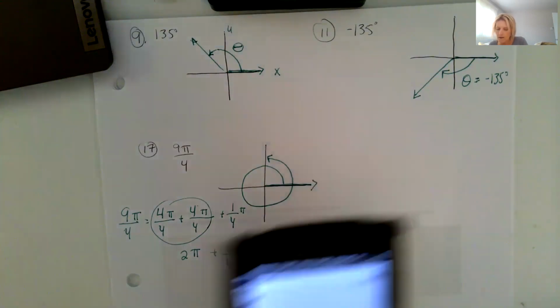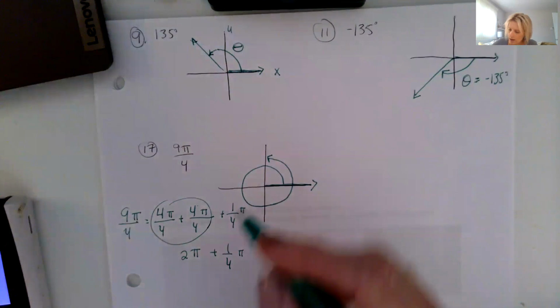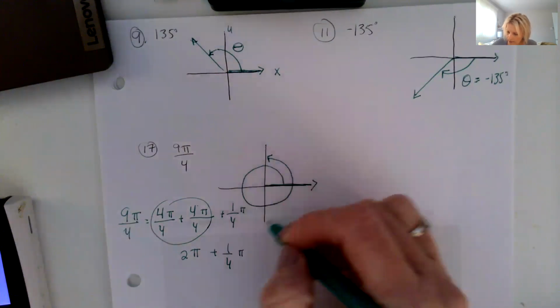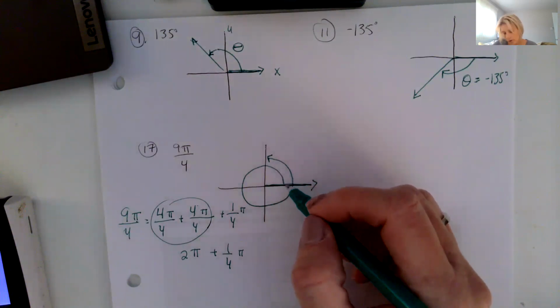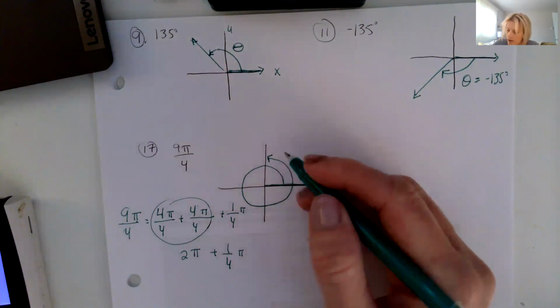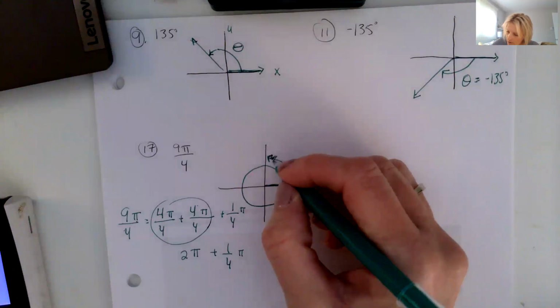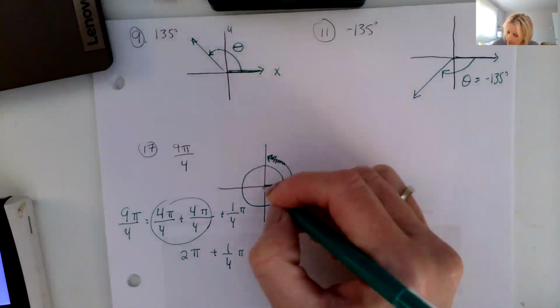So we went around once because that's 2 pi. And then 1/4 of the way, 1/4 of a pi would be right here.